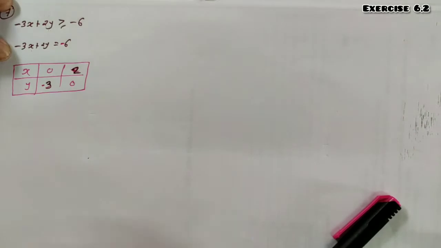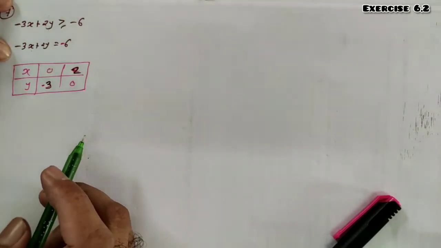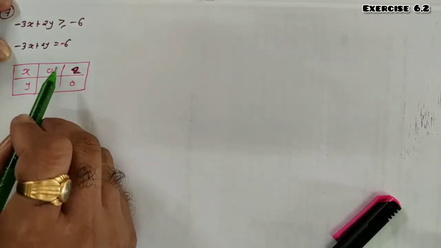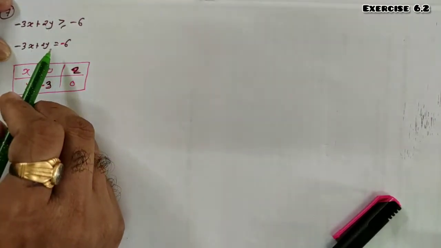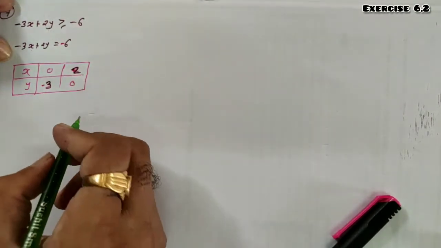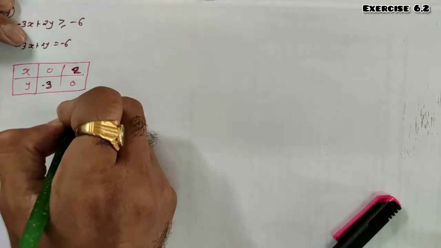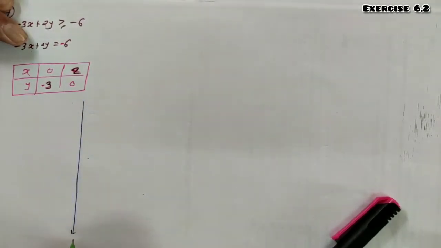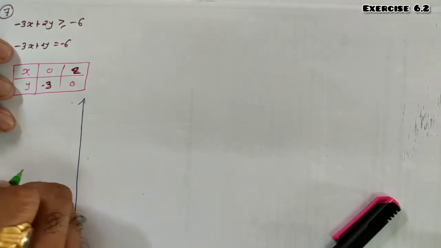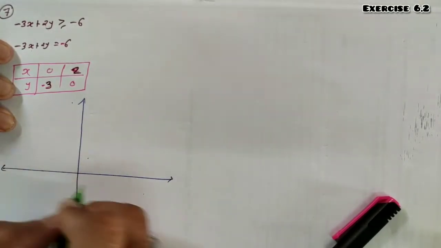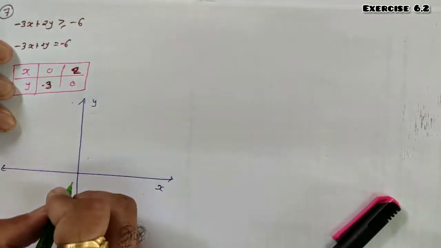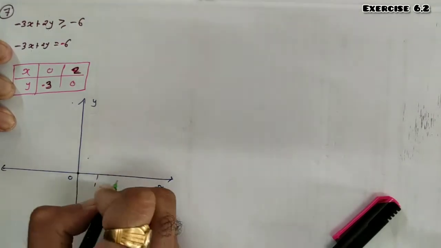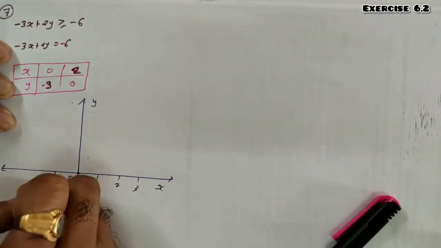So now graph minus 3x plus 2y. Draw the graph. This is the x-axis, this is the y-axis. 0, 1, 2, 3.